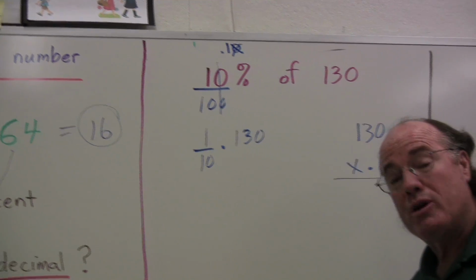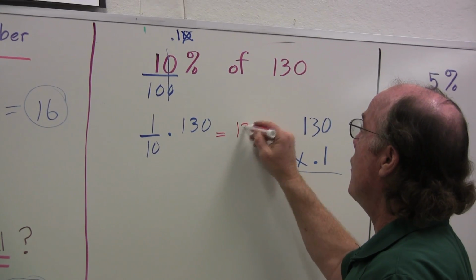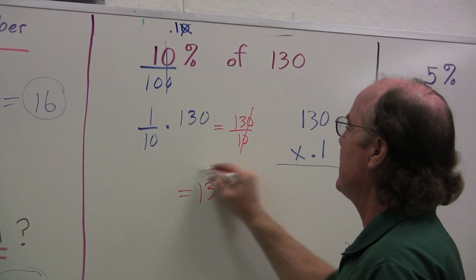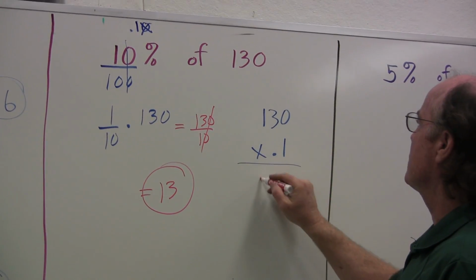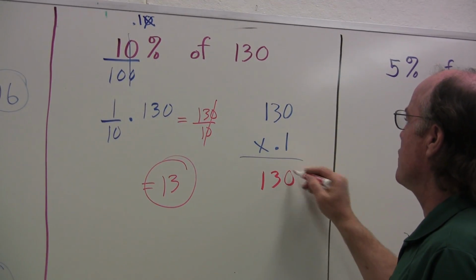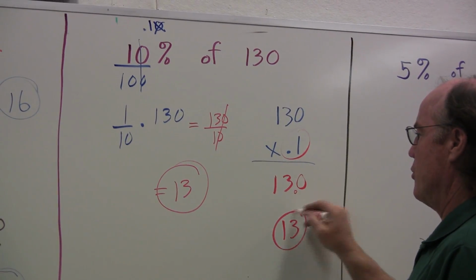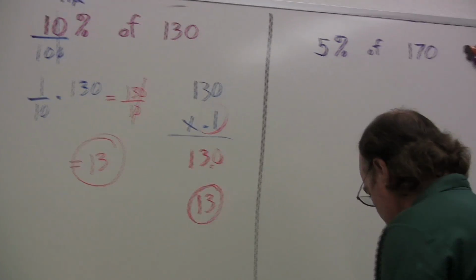Now these are both pretty easy, okay? So if I multiply that across, I get 130 over 10, I go like that, and I get 13. Ta-da, easy, okay? If I do this, 130 times 1 is 130, and we go back one space, and I get 13. Both of those are very easy, okay?